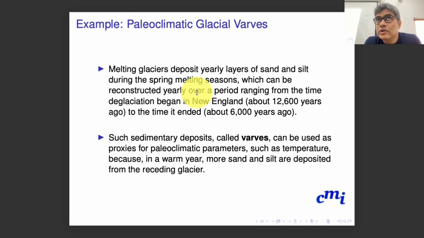I don't understand the science, but such sedimentary deposits called varves can be used as proxies for paleoclimatic parameters such as temperature, because in warm years more sand and silt are deposited from the receding glacier.